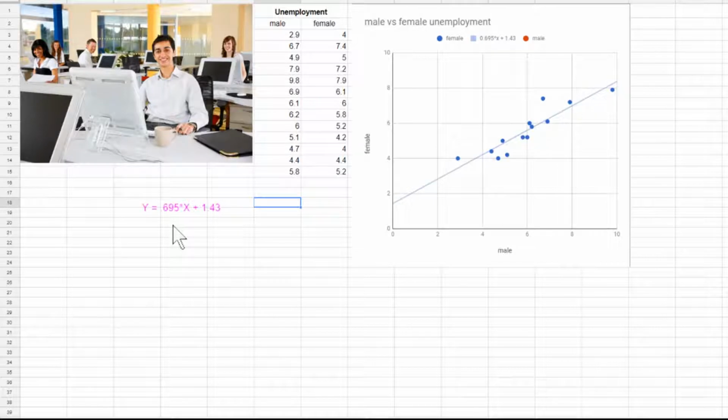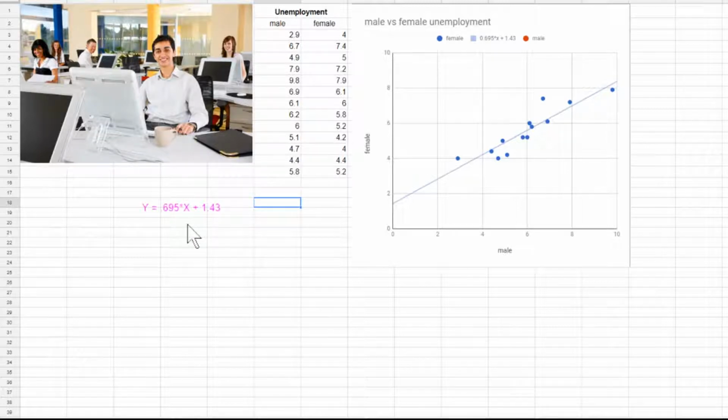It does not go up by 1%. It goes up by 0.695. What that's saying is that while the female unemployment rate starts out higher, as the male unemployment rate goes up, the female unemployment rate goes up at a slower rate.